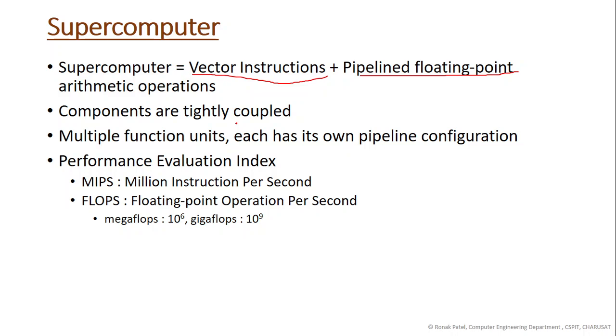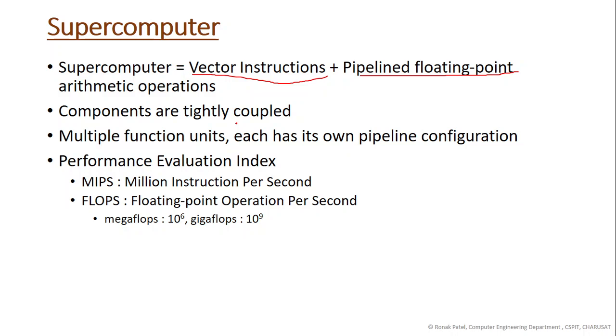Then you have multiple function units, and each has its own pipeline configuration, such as addition, subtraction, and floating point operations. So it will give you much more performance than your conventional computer.